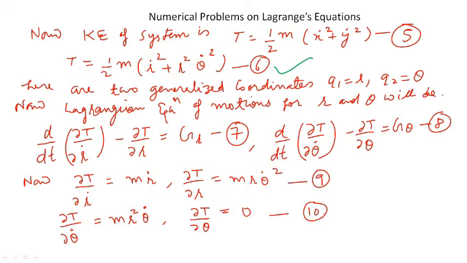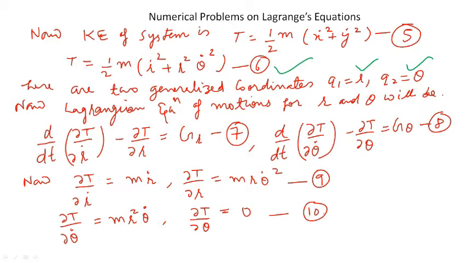Let us say it is equation number 6. Here it is given in the problem that the generalized coordinates are r and theta. So our Lagrangian equations will be in terms of the r and theta. Here we have to find the generalized force and also the force components.